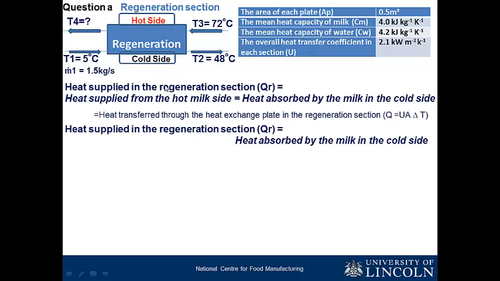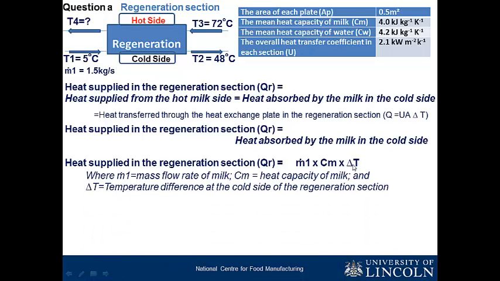All you need to do in order to solve a problem is to take one of them. I'm picking this because I know the parameters to determine the heat absorbed by the milk in the cold side: my M, the mass flow rate of the milk, the heat capacity of the milk, and the change in temperature in the cold side.